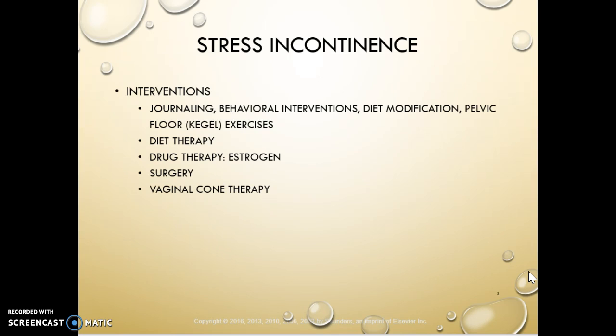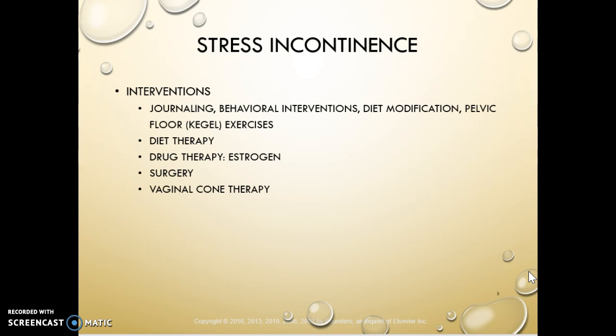Some diet modifications they suggest for several of these types of incontinence is to not have a high caffeine diet. And then they can do Kegel exercises, which are pelvic floor exercises that help support the musculature to get back to a more strong stance where it can withstand those stressors and not have urine leak.